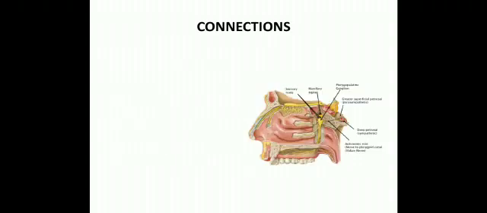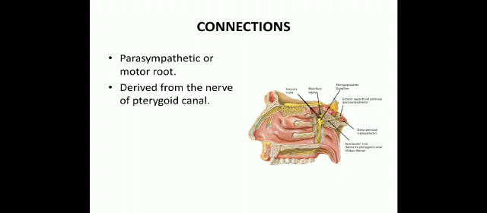The connections: it has the parasympathetic root, the sympathetic root and the sensory root. The parasympathetic root, or motor root, is formed by the nerve of the pterygoid canal.